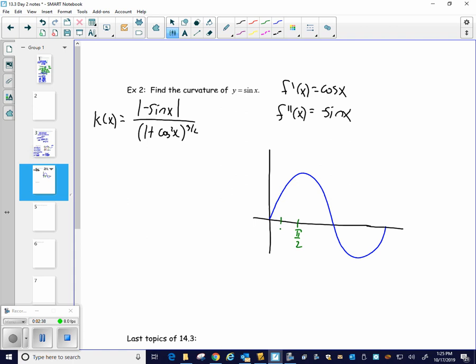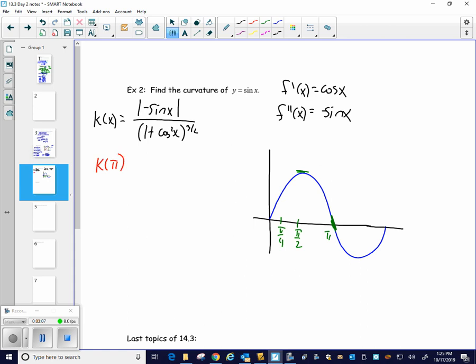At pi fourths, maybe not so large. And then at pi, we would expect there to be very little curvature, because you're talking about that right there. Whereas at pi halves, we would expect the change of the tangent vector over unit of time to be pretty substantial. Big time curvature there. So let's check it and just make sure that what we're seeing is what we should be.